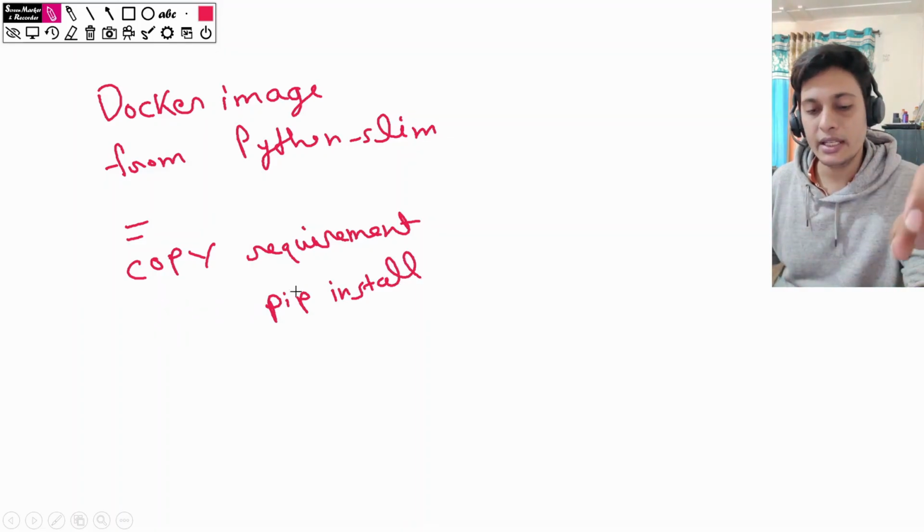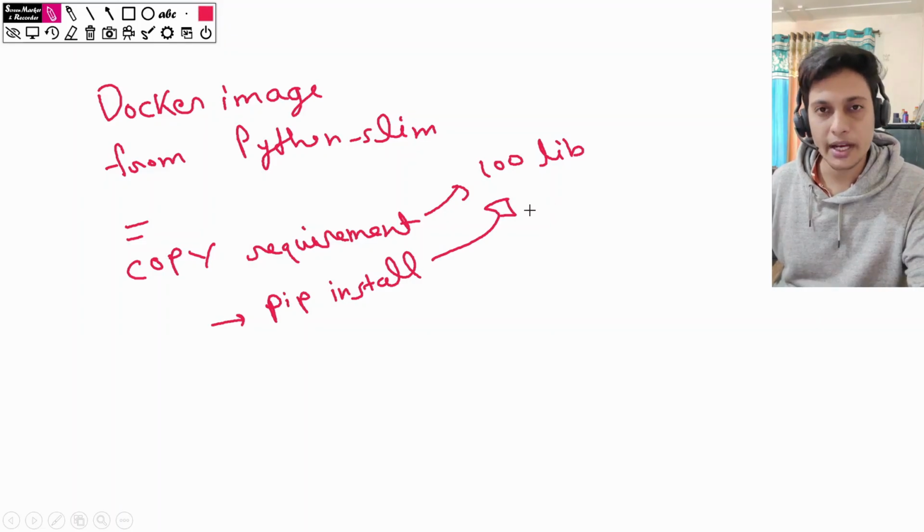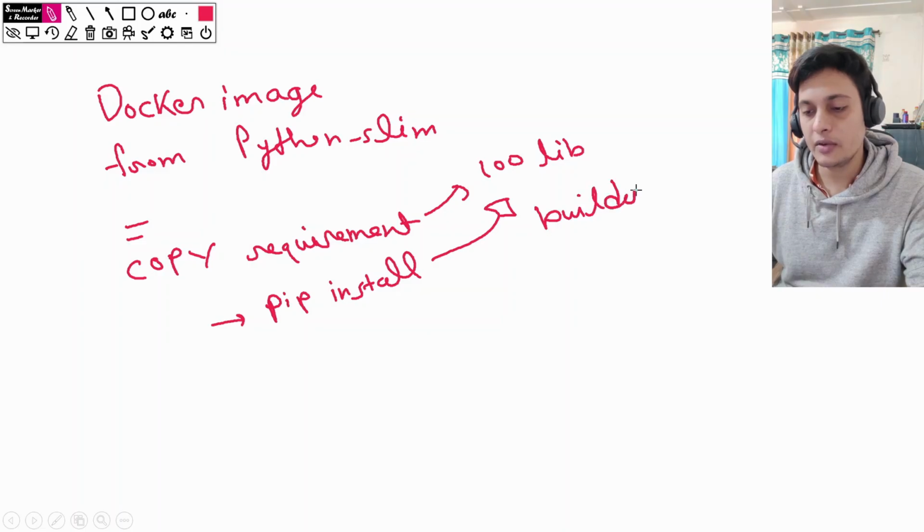So what happens at the time of pip install? There are so many libraries, like hundreds of libraries, let's say, inside your requirements.txt. And when you do the pip install, there are a few libraries which need some kind of builder tools.